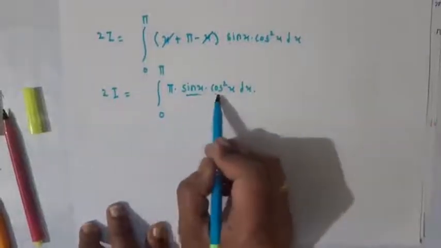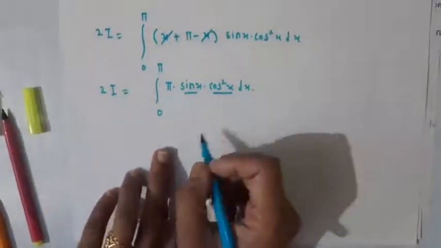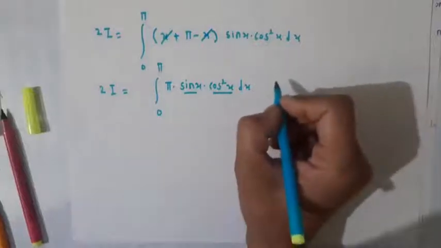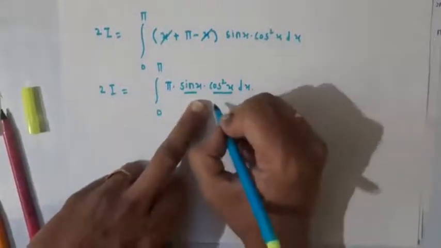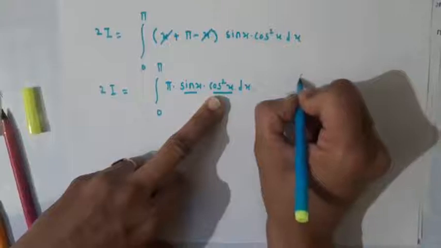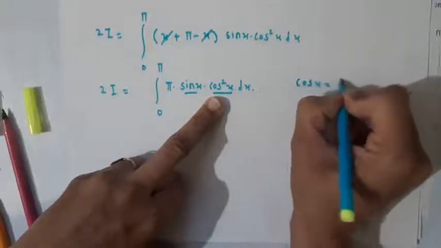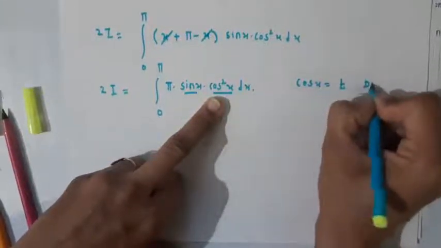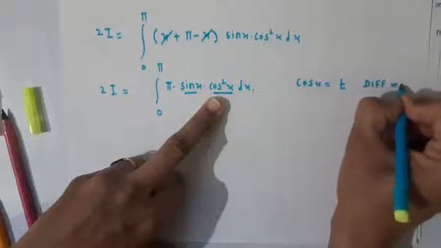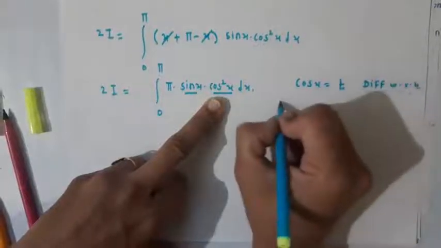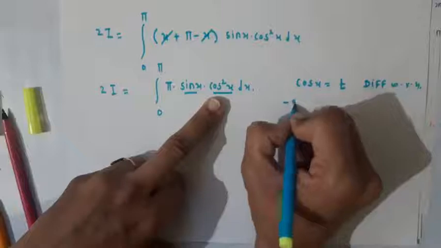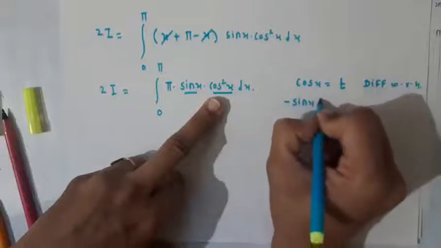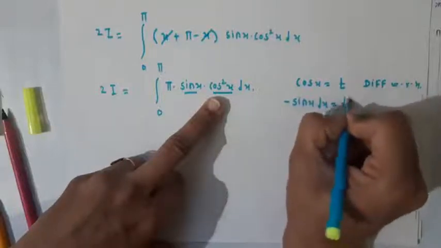Now only sin x into cos square x we have to solve the integration. So to solve this integration, give the substitution for cos x. So cos x equal to t. Differentiate whatever is your substitution with respect to x. The differentiation of cos x is minus sin x into dx equal to dt.